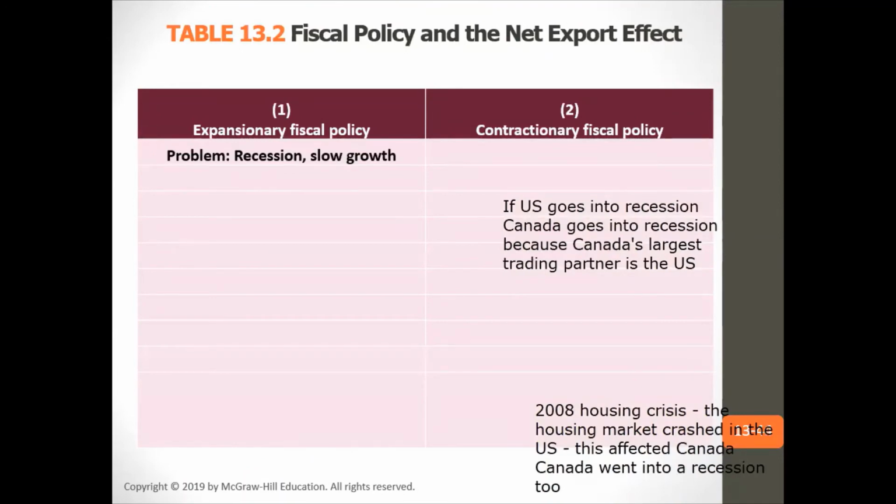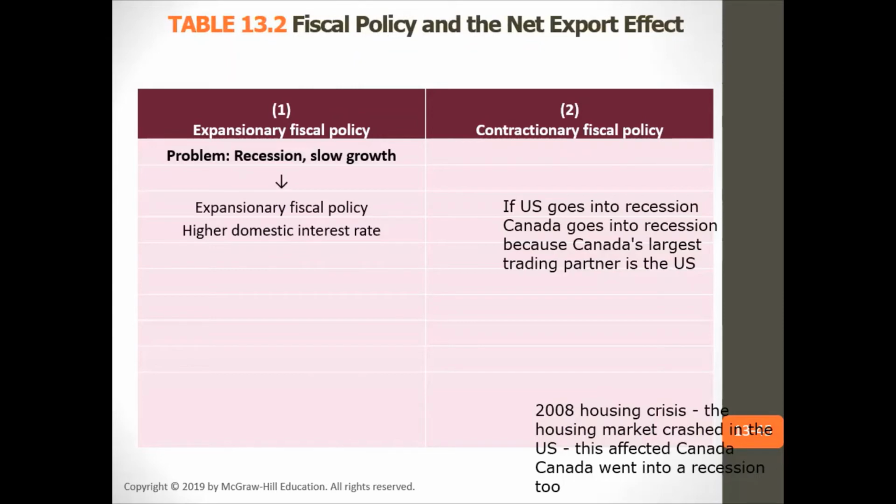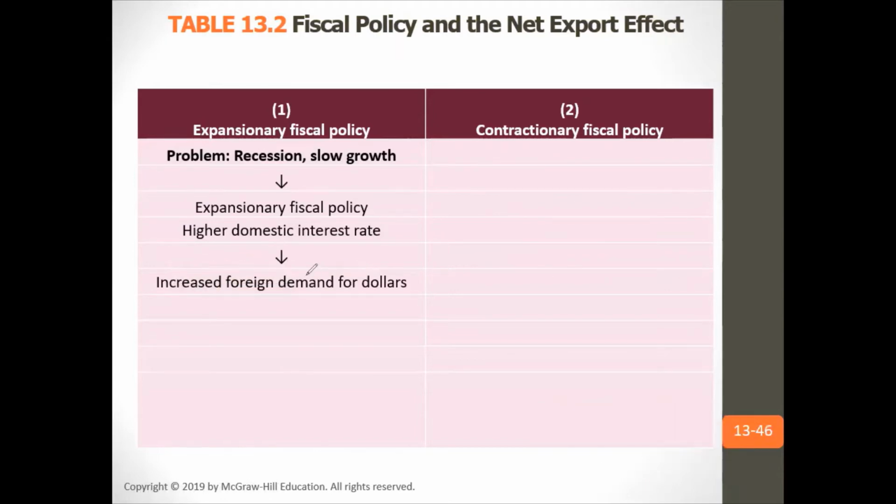So this is a good chart on this. If there's a recession and slow growth, they'll have to do expansionary fiscal policy where government spending increases and taxes decrease, and this will lead to a higher domestic interest rate. And then a higher domestic interest rate will increase foreign demand for dollars.